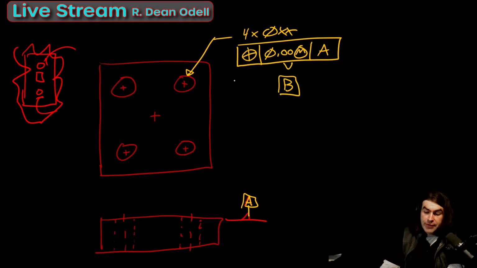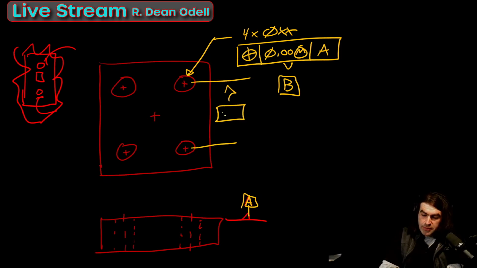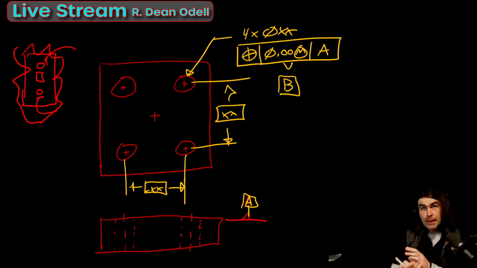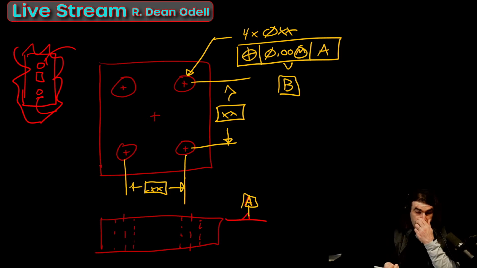The reason we have to use position is we're going to have a basic dimension between these holes. Perpendicularity only controls individual features.